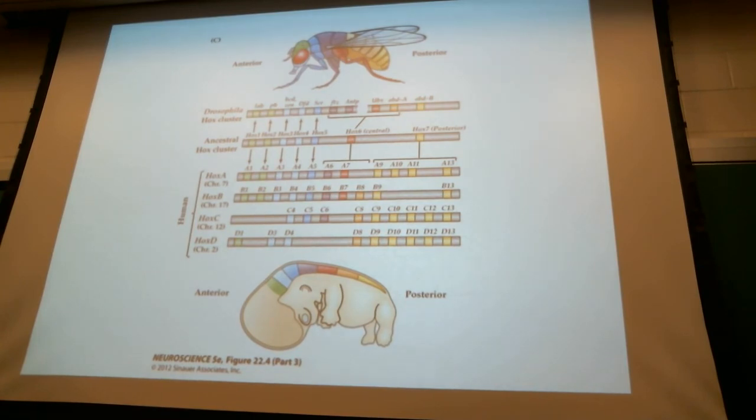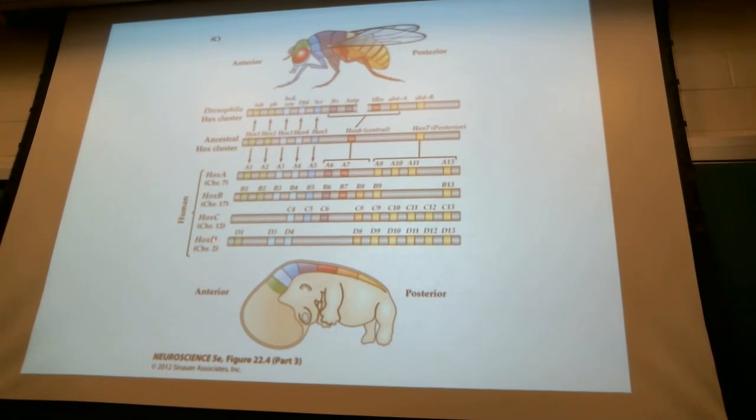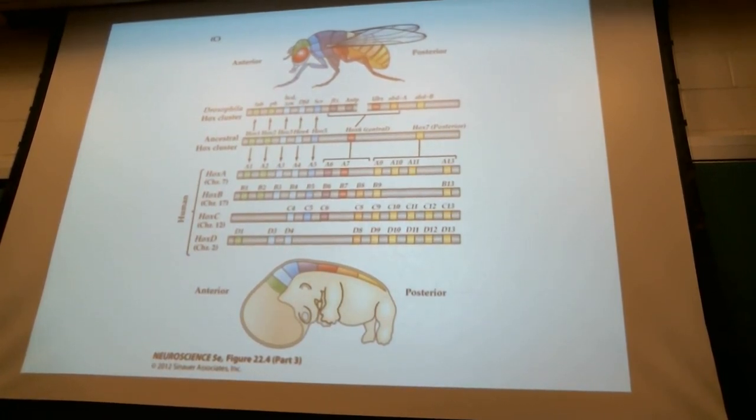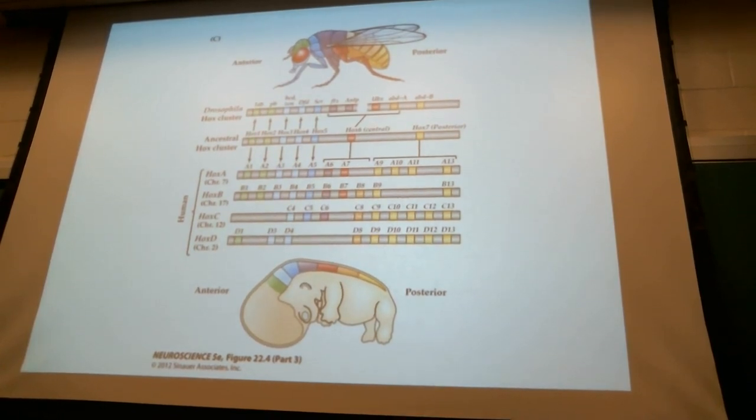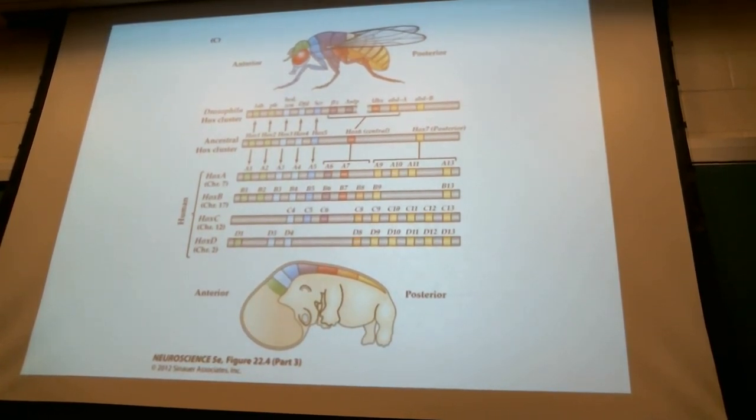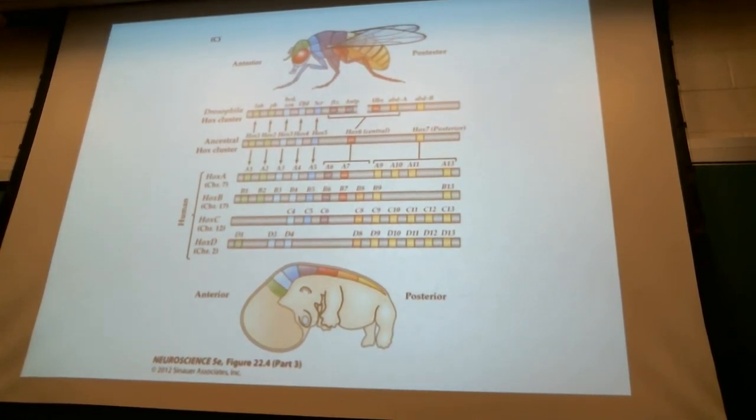We have the same plan, although we have a little more complicated gene system. We have 4 Hox gene clusters, and each of them has sequential expression. But that's how you can organize different parts from anterior to posterior. Do you have any questions?